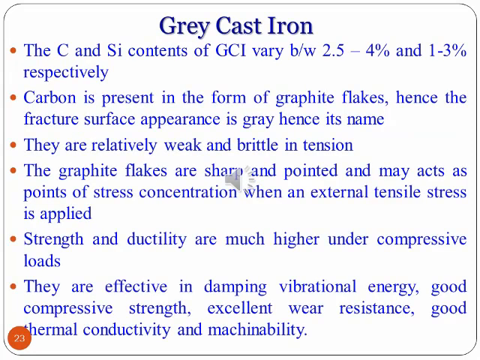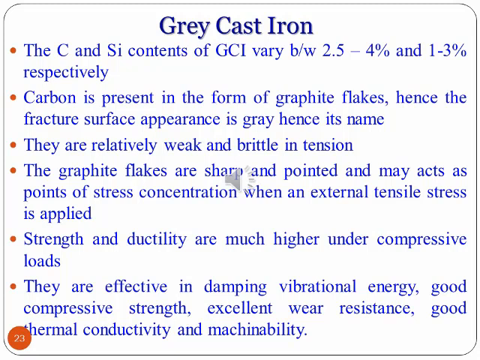So the grey cast iron: here the carbon and silicon contents of grey cast iron vary between 2.5% to 4% and 1% to 3% respectively. Carbon is present in the form of graphite flakes, hence the fracture surface appearance is grey when fracture happens. That is why it is given the name grey cast iron.